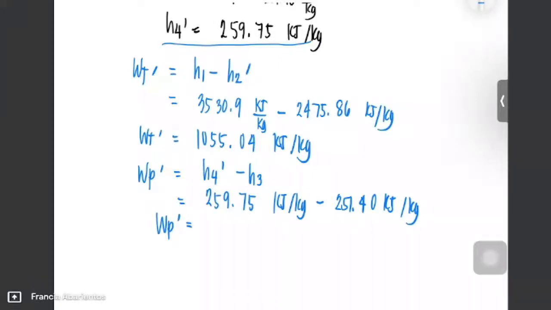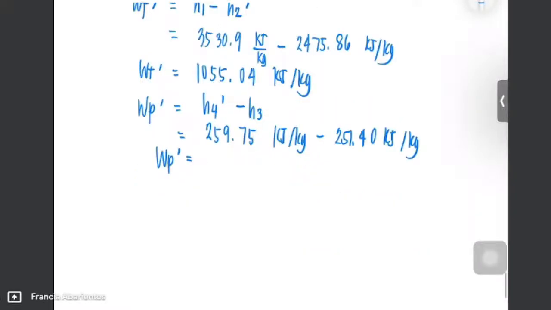What is now the pump work? We have 8.35 kilojoule per kilogram. Okay.